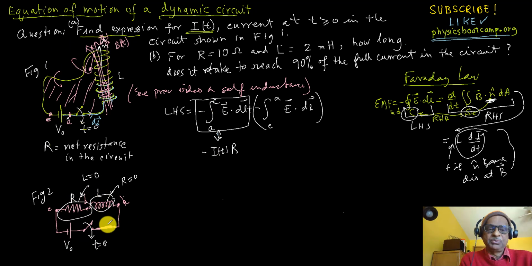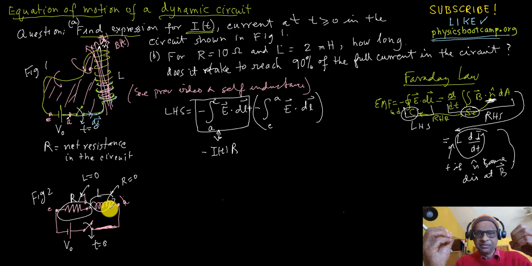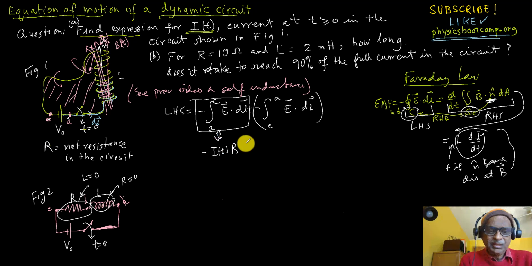This is the property R separated from L, but they're actually in the same material, so you can't separate them. So this is going to be minus IR, and this is going to be plus V0. So the left hand side is just equal to minus IR plus V0.